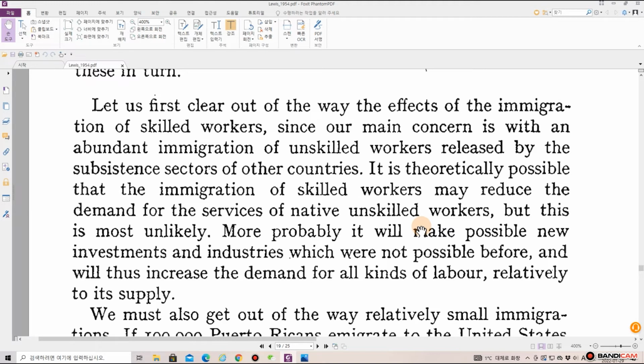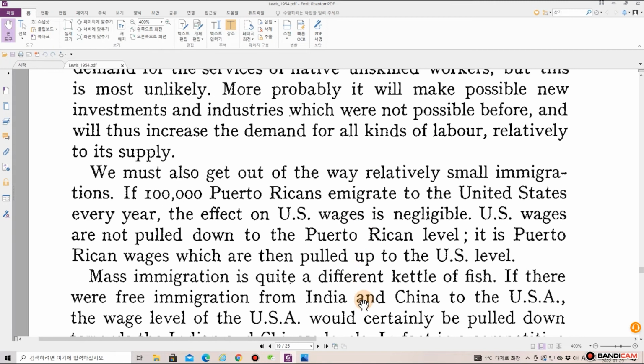It is theoretically possible that the immigration of skilled workers may reduce the demand for the services of native unskilled workers, but this is most unlikely. More probably, it will make possible new investments and industries which were not possible before, and will thus increase the demand for all kinds of labor relatively to its supply.